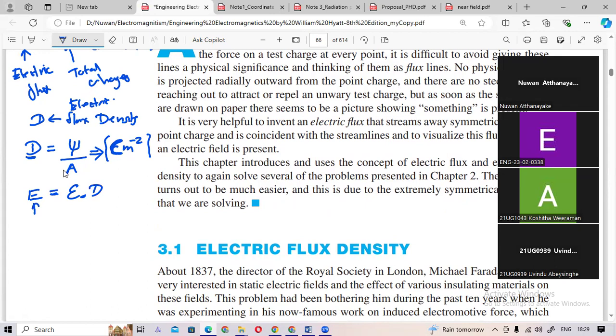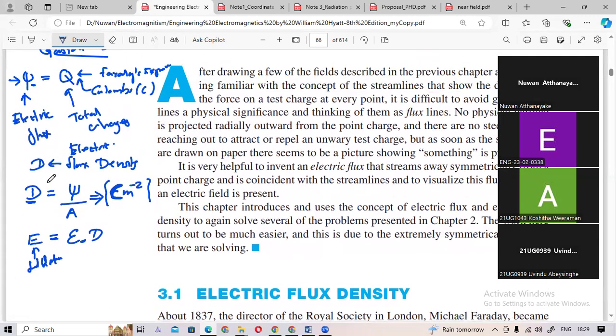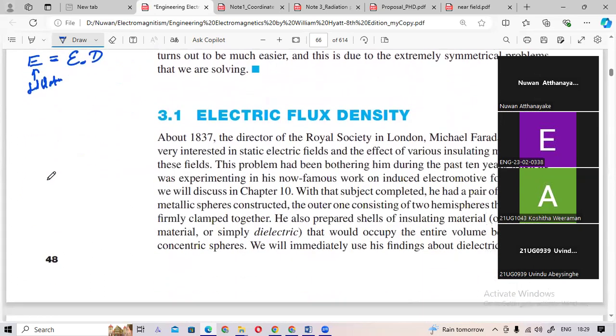This is field intensity. We can measure this field intensity using Coulomb's law. So these relationships are there.